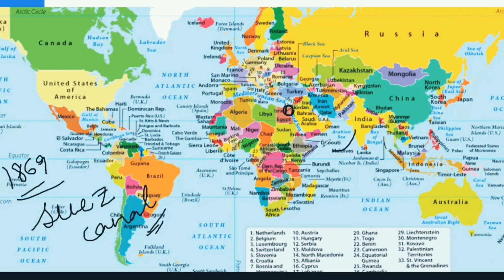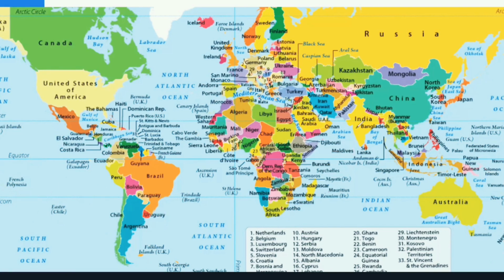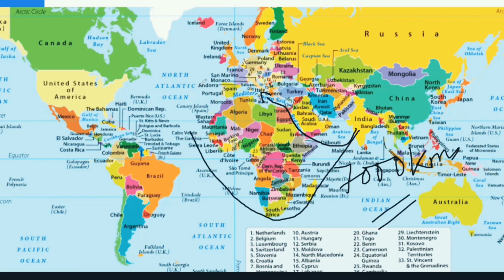Because after this, if any trade is going to occur, they can directly reach the Mediterranean Sea and Europe. If India wants to do trade, with the help of this Suez Canal, they can easily reach Europe within a shorter time. And what is the benefit we have got in length? The length has been reduced by 7,000 kilometers. The distance from India, earlier it was this, a long route.